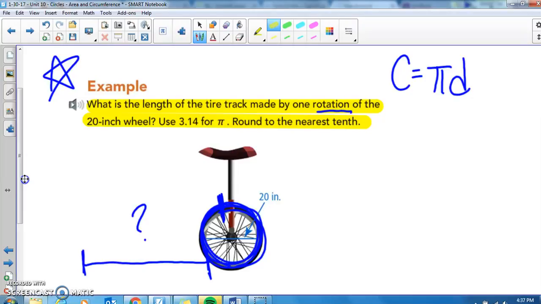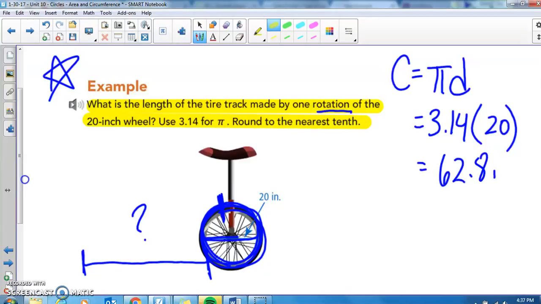All right, so we have a 20-inch wheel. That means the distance across this wheel is 20 inches. So let's plug everything in. 3.14 is pi. The diameter in this case is 20. So I multiply 3.14 times 20, and you get 62.8 inches.